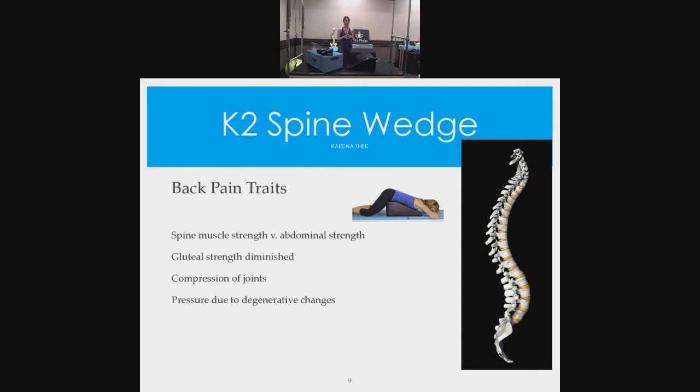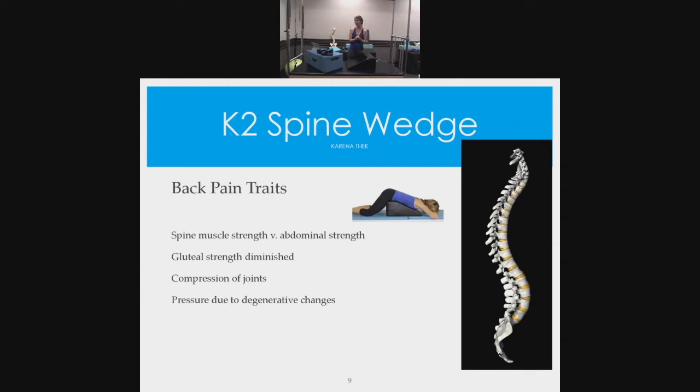He's shown that it is the ratio of spine strength to abdominal strength that is definitely skewed. Someone with any history of back pain has, in general, a much stronger abdominal region than the spine muscles. So we want to balance that out.